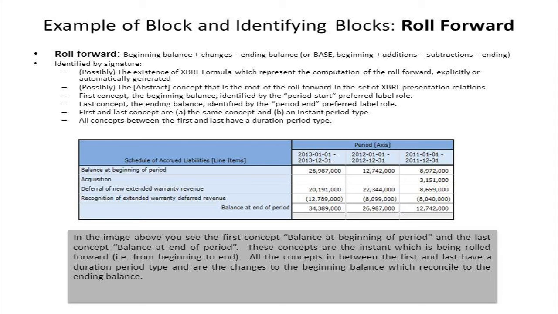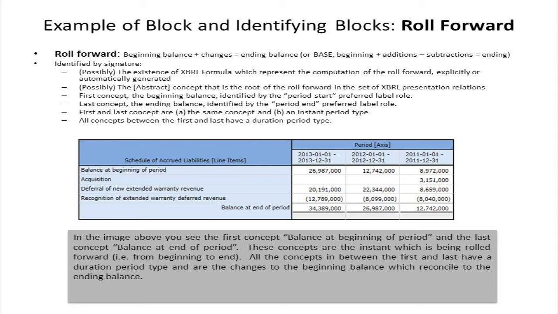arc role, label role, preferred label role. The last concept will be the ending balance preferred label role. The first and last concepts are always the same concept, and they are always an instant period type.